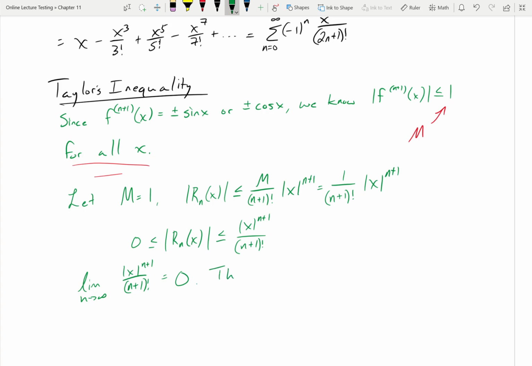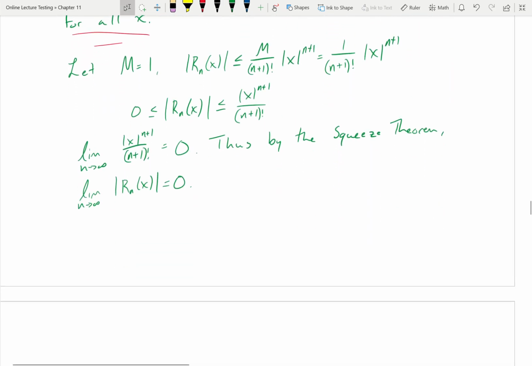So thus, by the squeeze theorem, the limit as n approaches infinity of the absolute value of r sub n of x is also equal to 0, which establishes our next point.